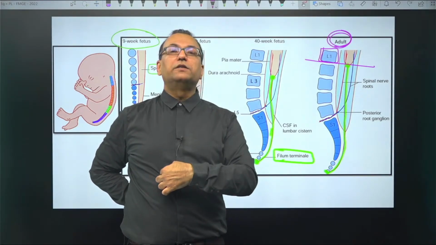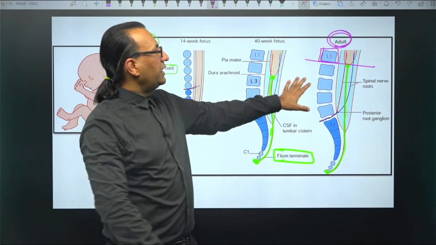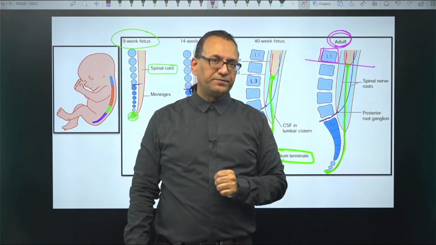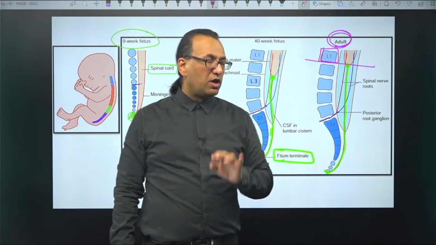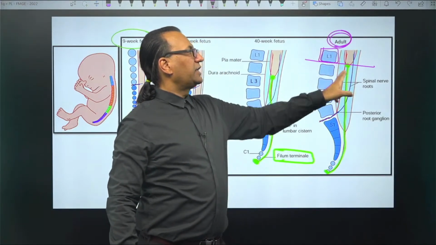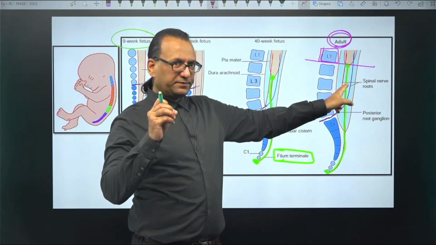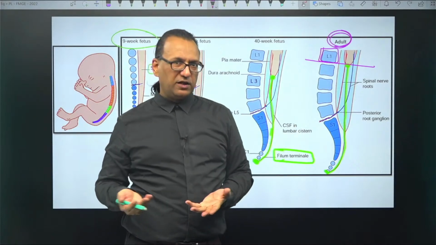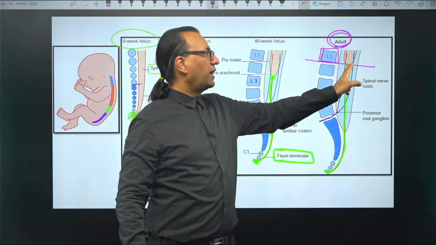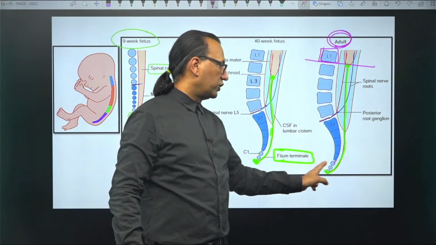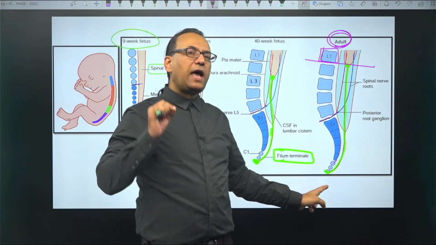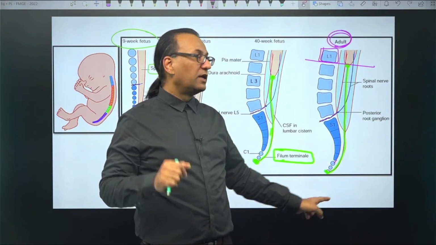And at the same point, the transpyloric plane, you will see termination of the adult spinal cord. So is it the termination of pia mater also? No. Though the pia mater is covering the spinal cord very closely, it should stop at L1 only, but it doesn't. What it does is, it will continue downward covering the filum terminale and eventually fuse with the coccyx. So pia mater stops at the coccyx.